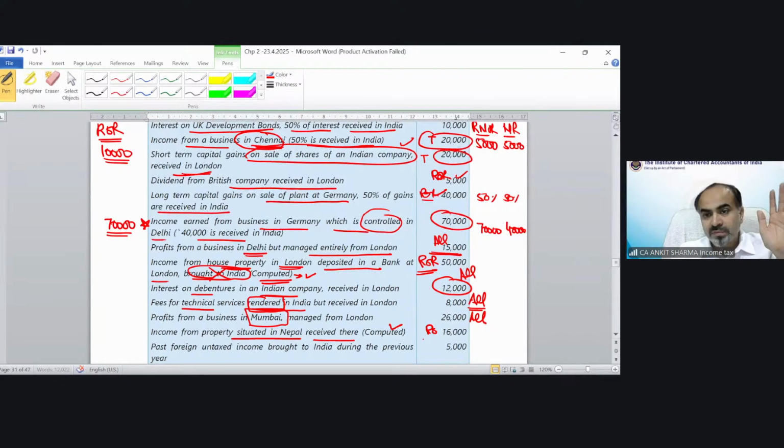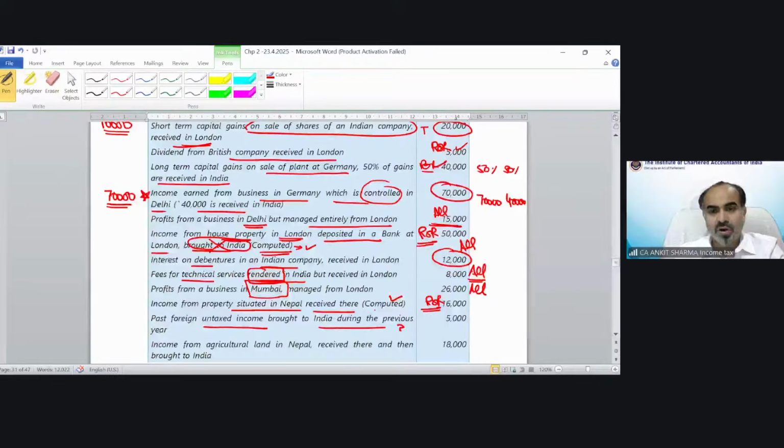Past foreign untaxed income brought to India during the previous year. What to do in this case, students? What is the treatment of this 5,000? Let's see who's going to tell me. Correct.